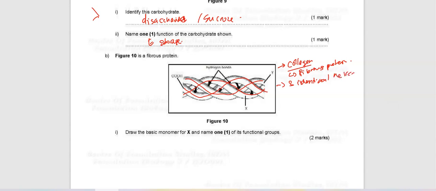helical polypeptides that are coiled into a larger triple helix. This is the structure of collagen.